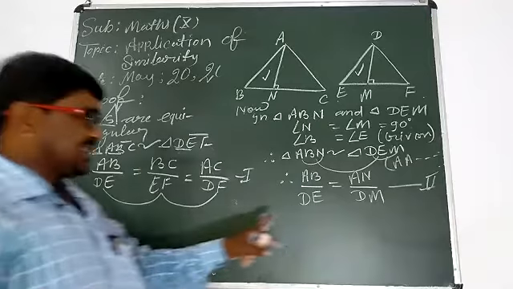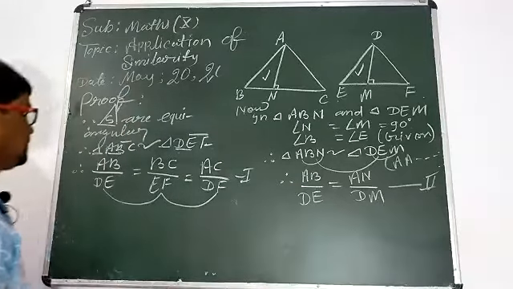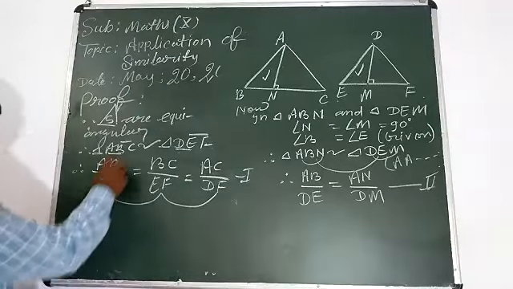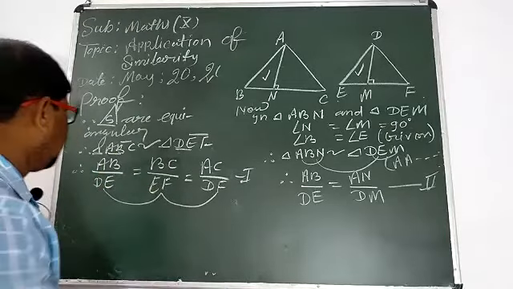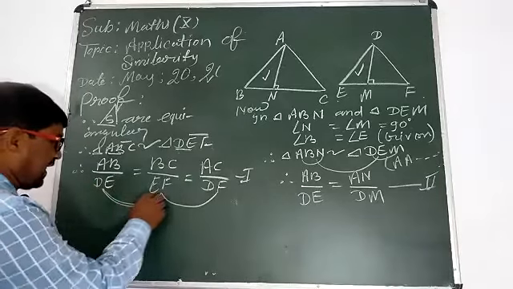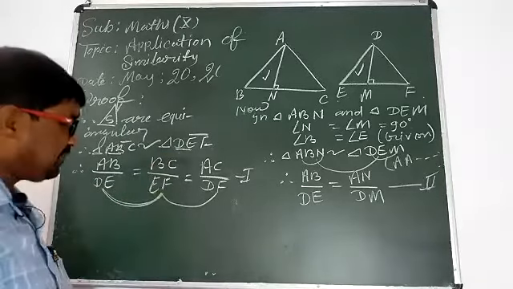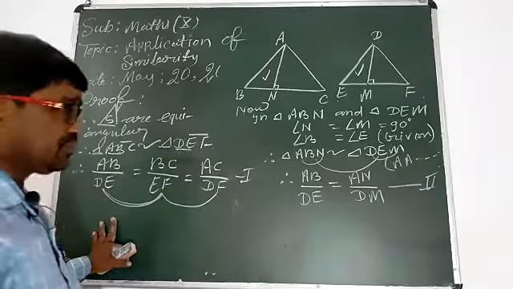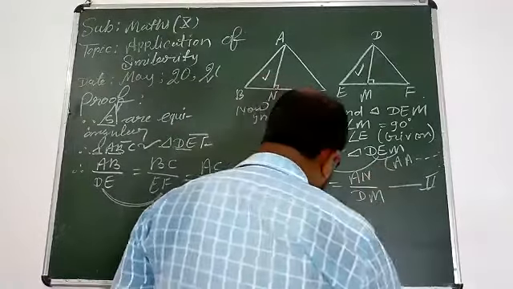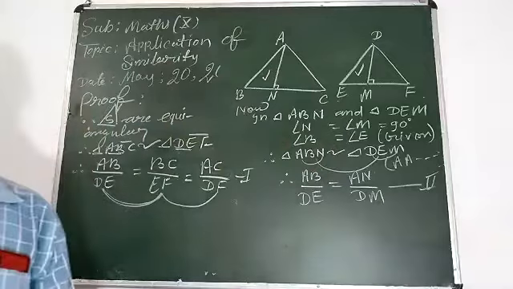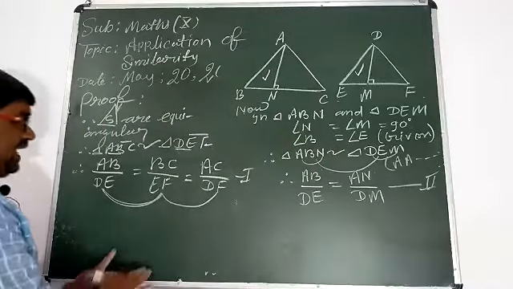These two equations you have. AB upon DE equal to BC upon EF. This is your first. And AB upon DE equal to AN upon DM. Listen again.